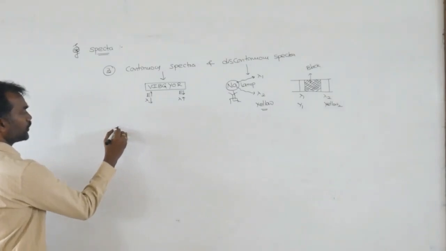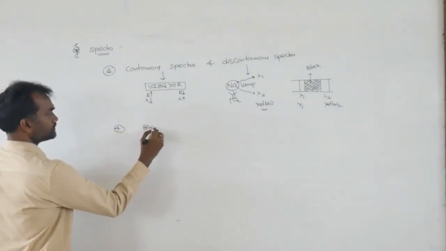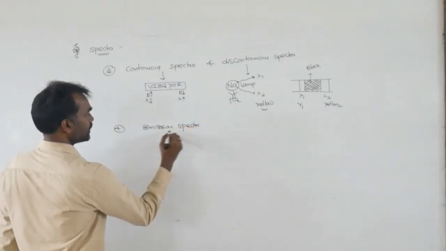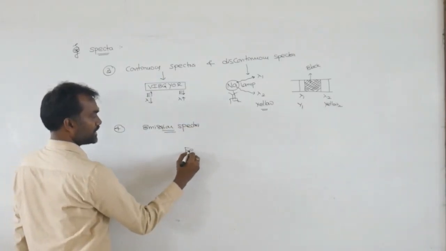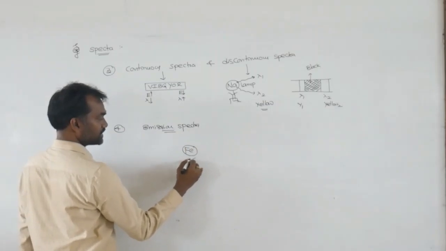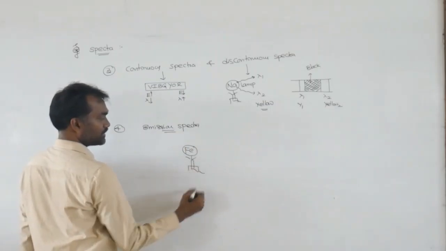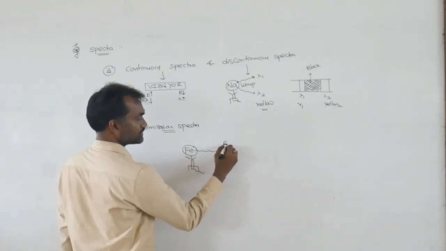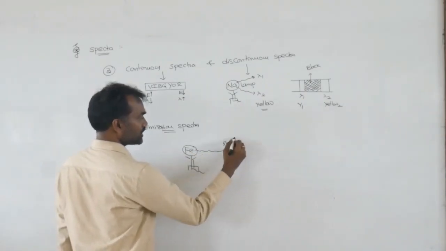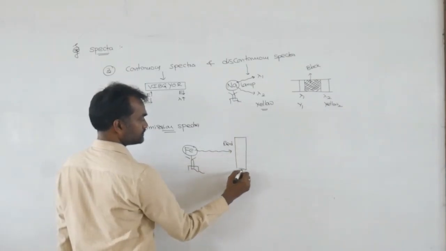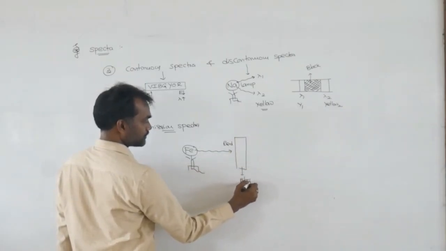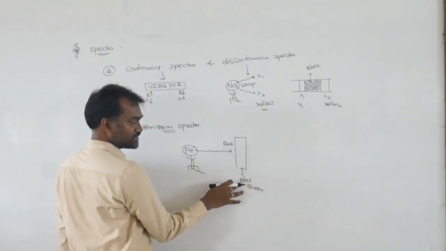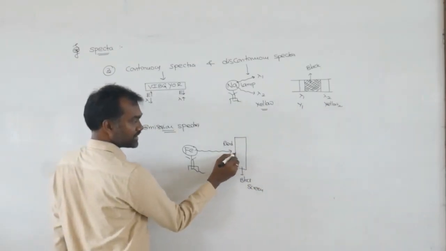Next, fourth, emission spectra. Emission spectra means we heat something. Already we discussed: you take an iron rod and heat it, then red color comes outside. Suppose it is focused on a black screen. Black means a perfect absorber and perfect emitter.